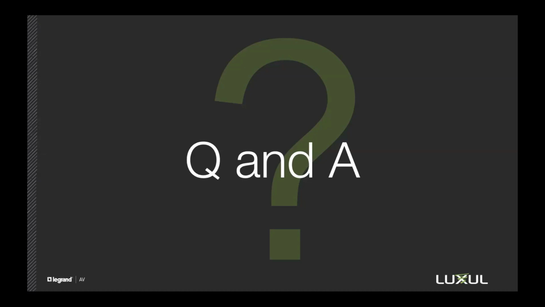Paul asks, can 5 gigahertz be turned off, as many devices are 2.4 only and will not set up if 5 is prominent? If I understand what you're asking, Paul, yes, you could. I have to go back and check.